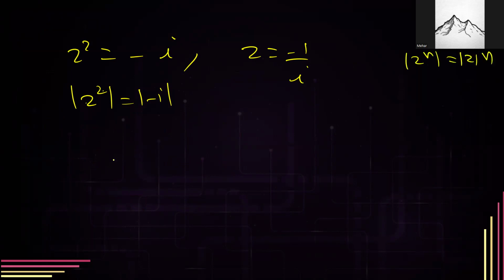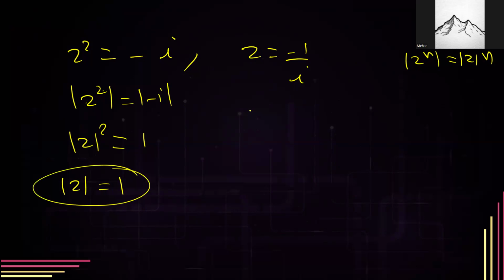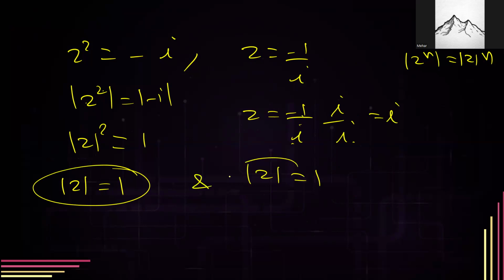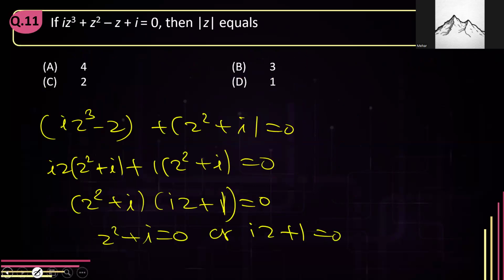Using this property, you can write mod z whole square equals modulus of minus i, which is 1. So from here, mod z would be 1, because you can't write minus 1 for magnitude. You don't take plus or minus, take only plus. Similarly, here to simplify, you multiply and divide with i. Then the denominator is i into i square, which is minus 1, which will cancel with this minus and give you i. If z is i, mod z will be 1. So in either case, modulus of z is 1 only. So we can mark option D as the answer.